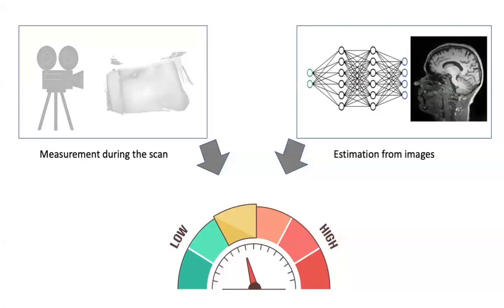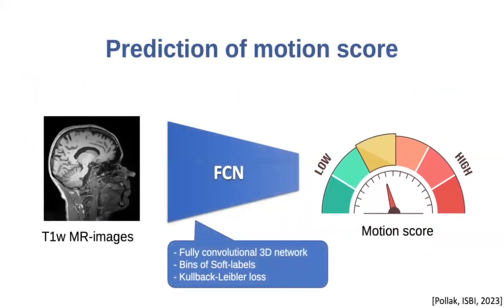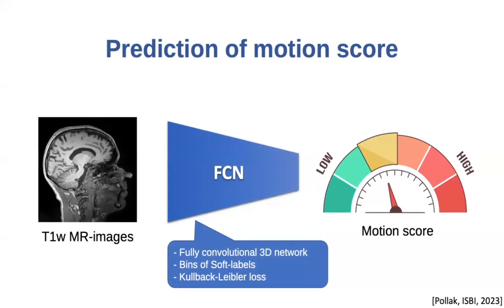Then we want to ask, can we actually get these measured scores from the images directly? With the quality correlation, we already showed that there's some information, but now we want to see how far we can go. So we take the structural images and a fully convolutional network that is inspired by brain age prediction, which is another regression task in medical imaging.